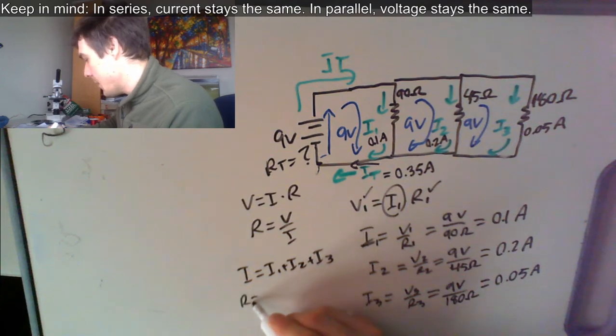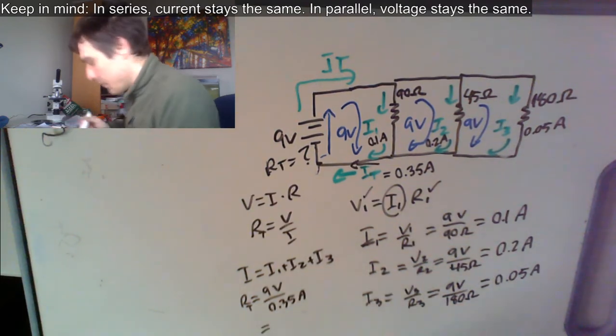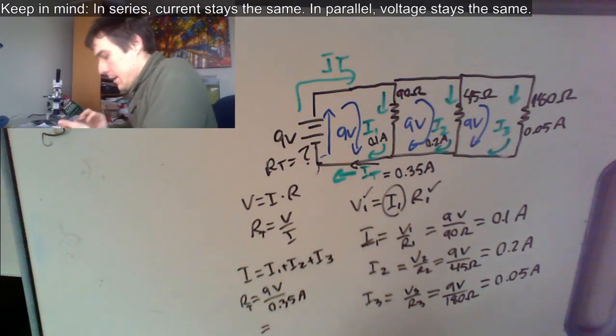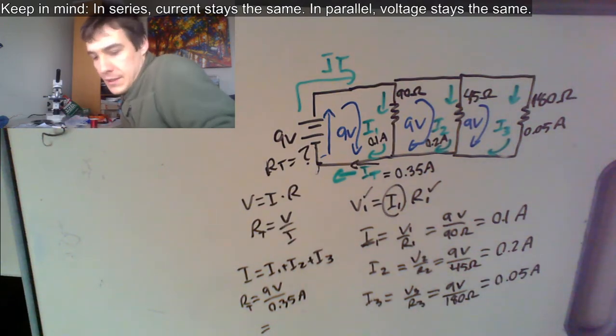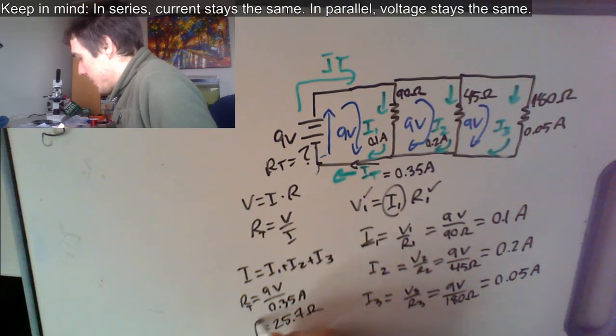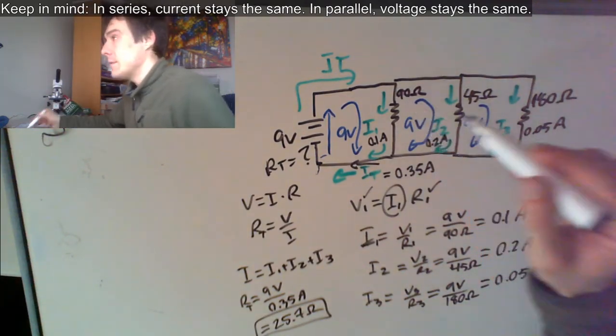So RT, total, is going to be our 9 volts over 0.35 amps. Let me grab a calculator real quick, 9 divided by 0.35, 25.7 ohms. It's actually less resistance than any one of these.